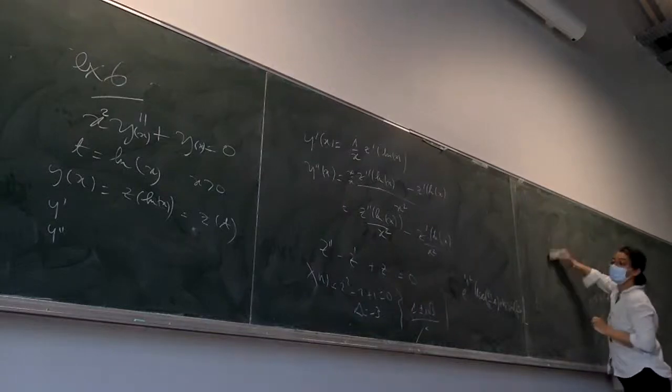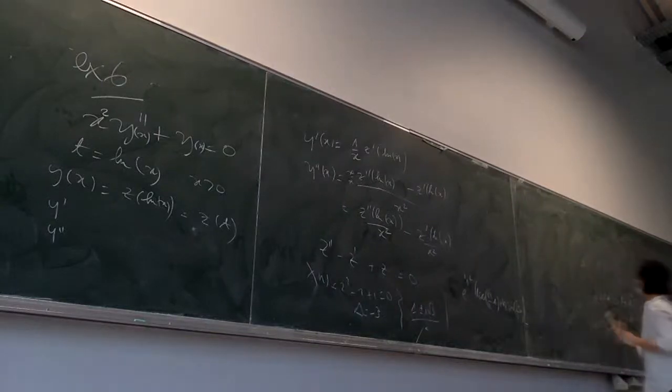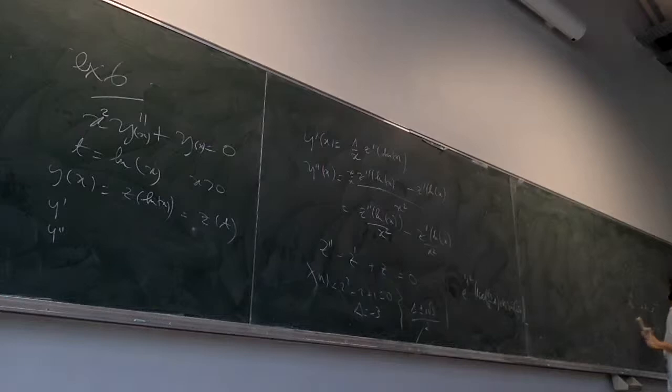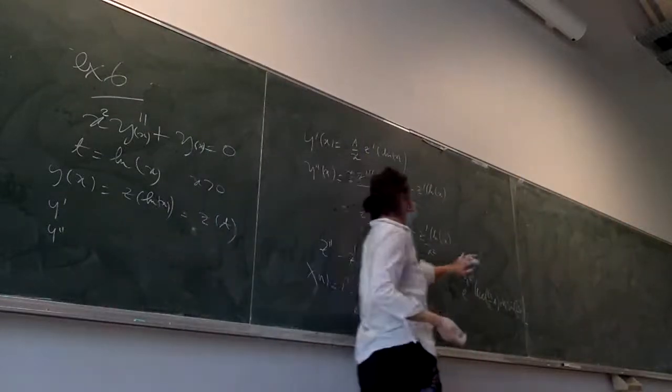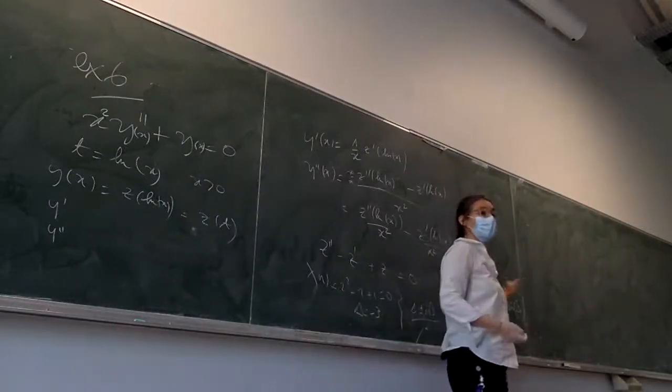And finally, we have to go back to the original variable, which was t is equal to ln of x. So I just have to substitute t by the log of x.